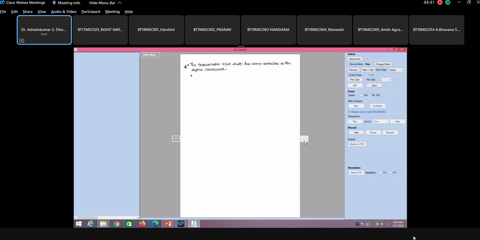Okay, now the driving torque is produced when the friction disk and pressure disk are brought in contact with each other.